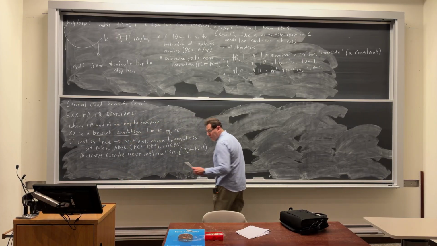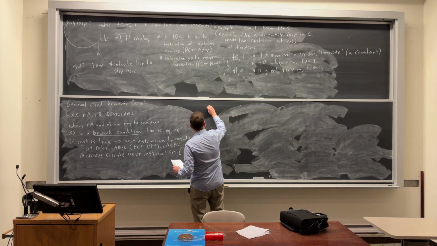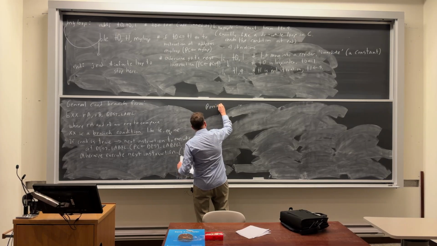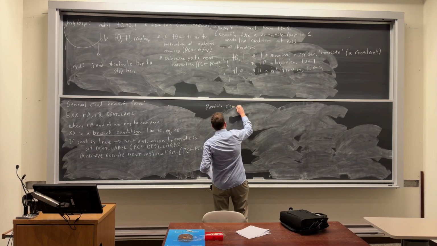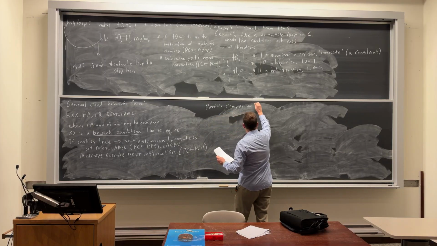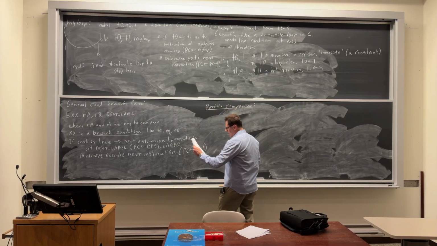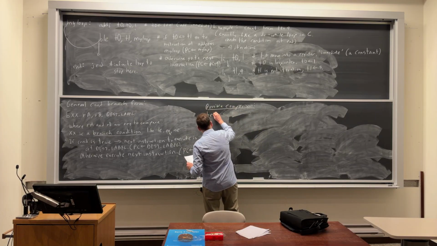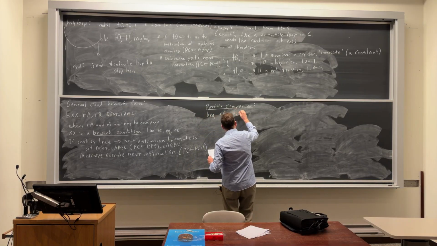Okay, so let me show you all of the possible comparisons. It's branch if equal, takes two registers, takes a label.